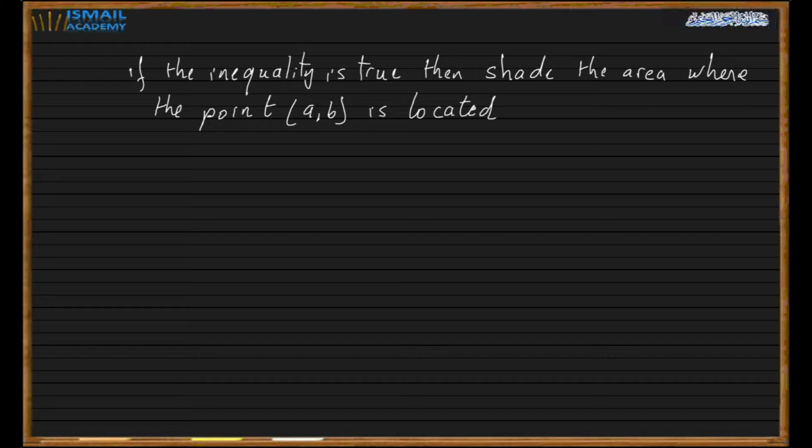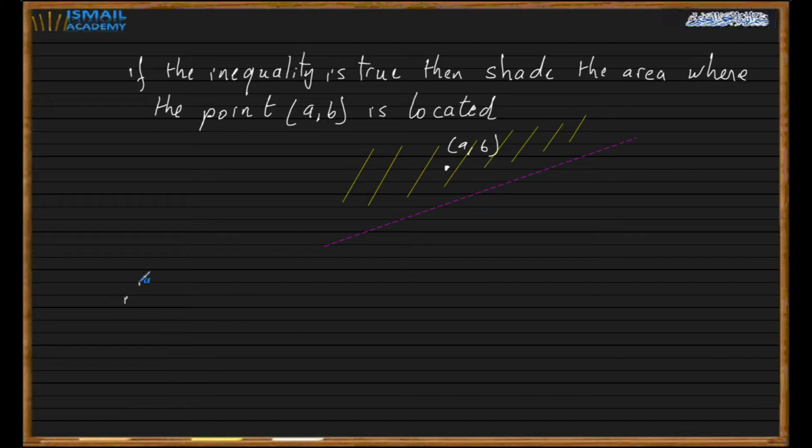For example, if this is my line and the point (a, b) is here, and I find out that this location is true, I will shade this area. So this is the first case.